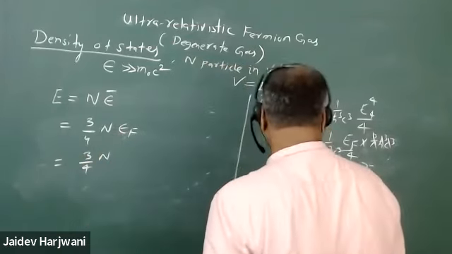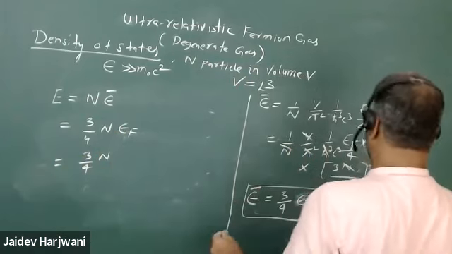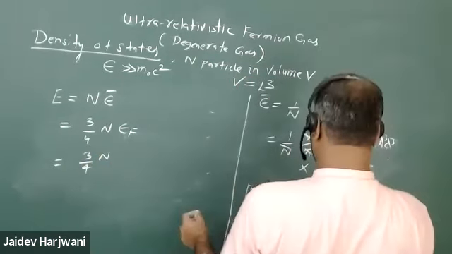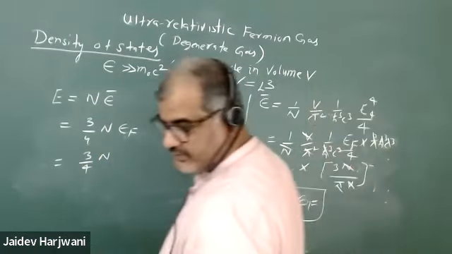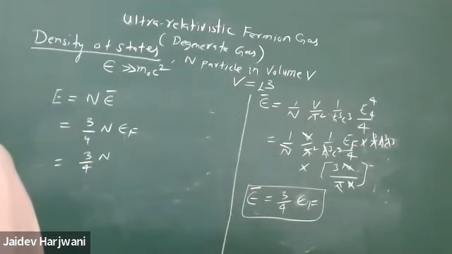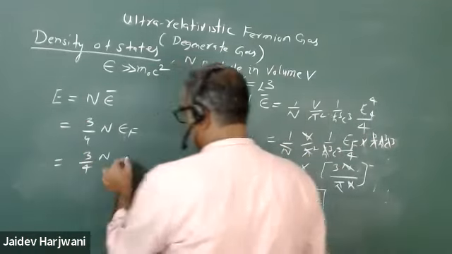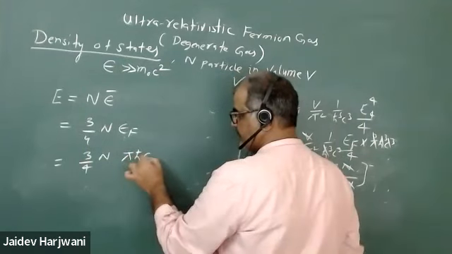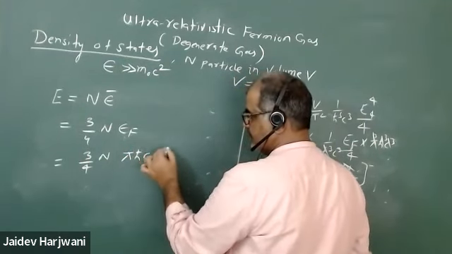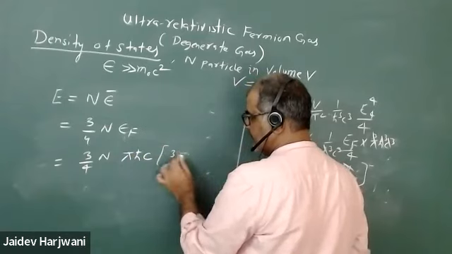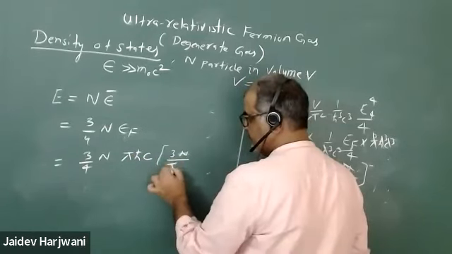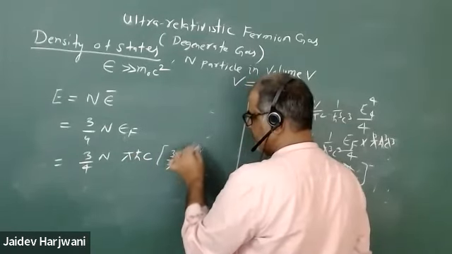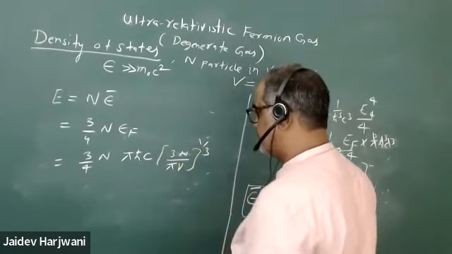EF value we just used. What was the EF value? It was pi h cross c, 3n by pi V, to the power 1/3. Okay, so this is the value.